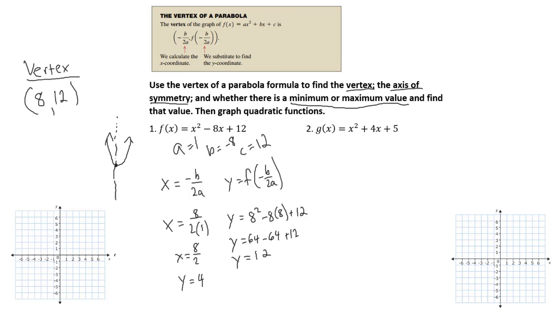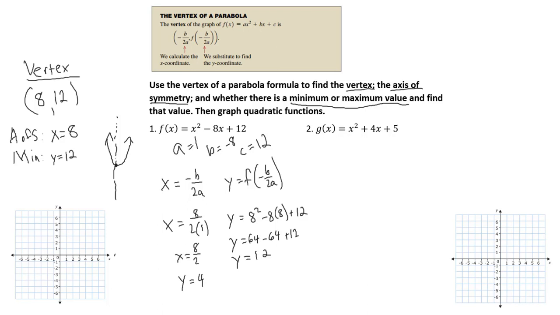So vertical lines are always x equals. So our axis of symmetry is just going to be x equals the x value of the vertex. And then our minimum value, because our a is positive, will be that y value that we get there. So our minimum value is when y equals that y value. And both of those are coming from the vertex. And that is what our graph looks like.